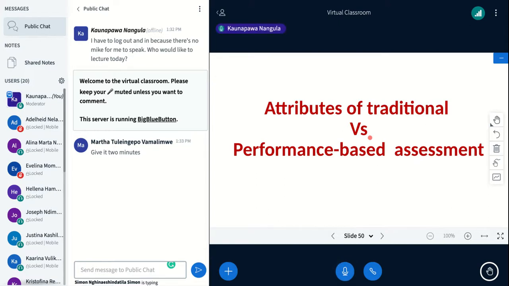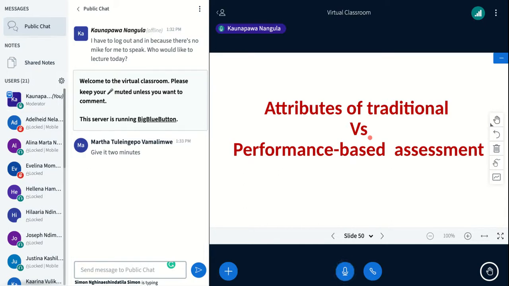All right, that's true. So we've covered the differences between traditional and alternative assessment, slash performance-based assessment. And we have also looked at, and I hope that's what Simon is writing, please don't stop typing. You can always type and finish.